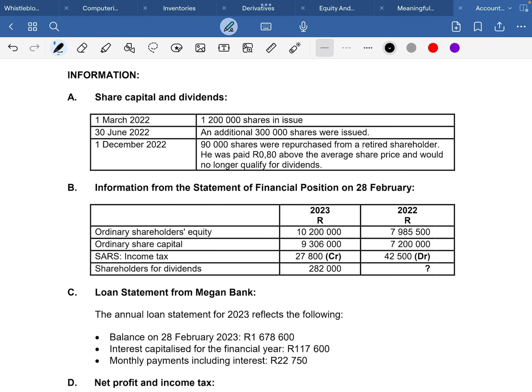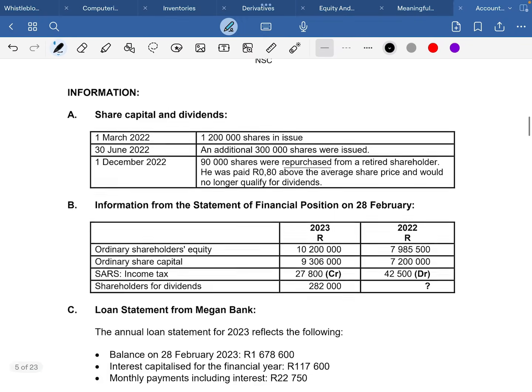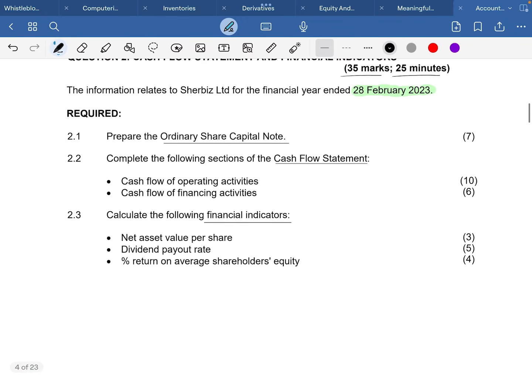And then 1 December 2022, 90,000 shares were repurchased from a retired shareholder. He was paid 80 cents above the average share price and would no longer qualify for dividends. So that's some key information there to consider when we are doing our ordinary share capital note.